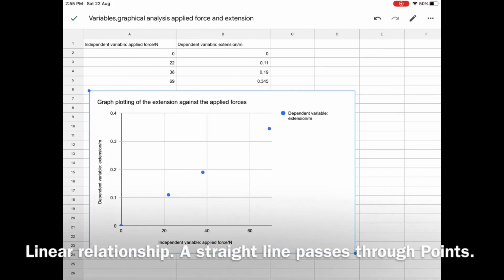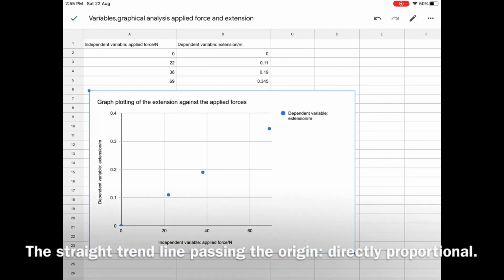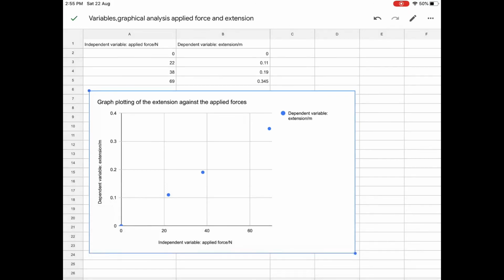Can you see that we can actually join these 4 points with a straight line, and then if this straight line is passing through 0, it's called directly proportional. 如果你穿個0嗰點，穿個 origin 嘅，我哋先可以話佢係成正比啦。If you can obtain a linear trend, that is, you can draw a best fit line of the points, however, that straight line cannot pass through 0, then you can just say that they are positively correlated or negatively correlated.